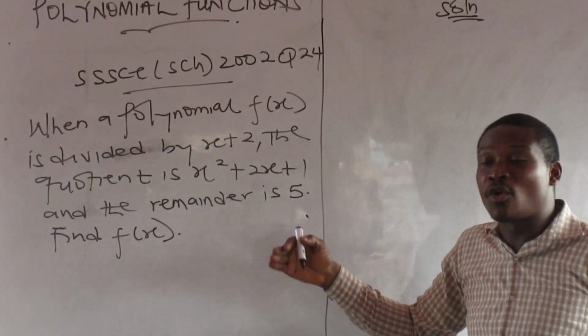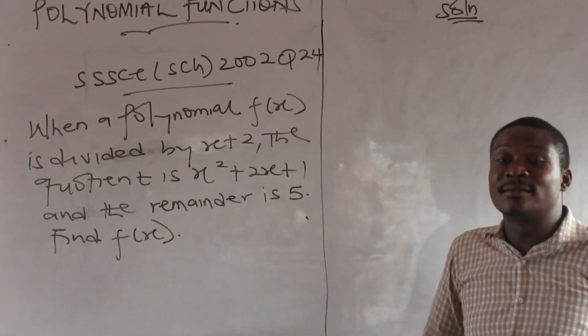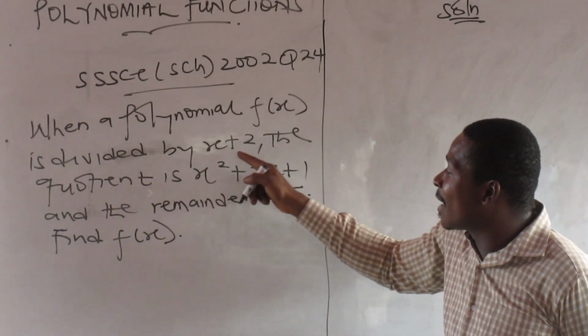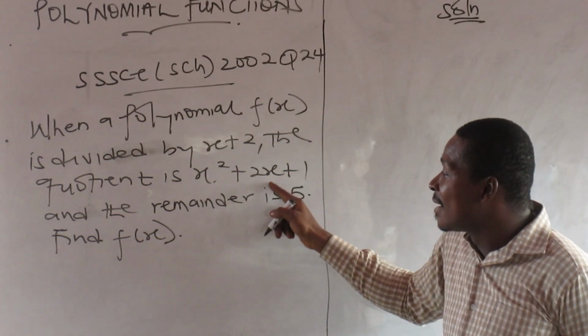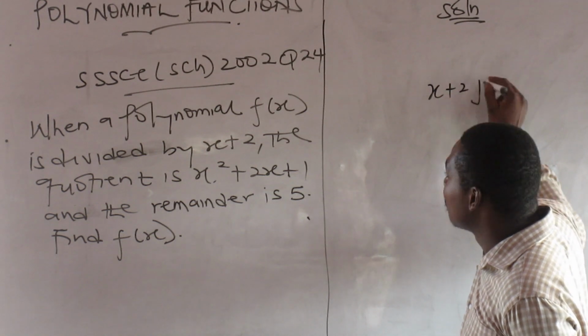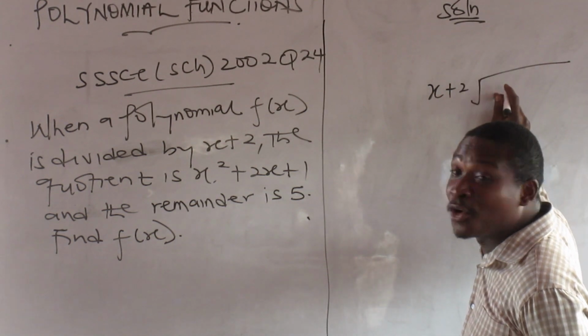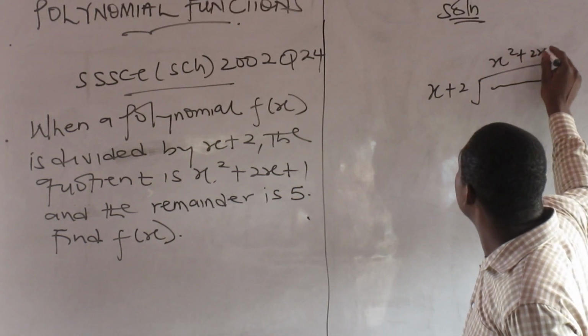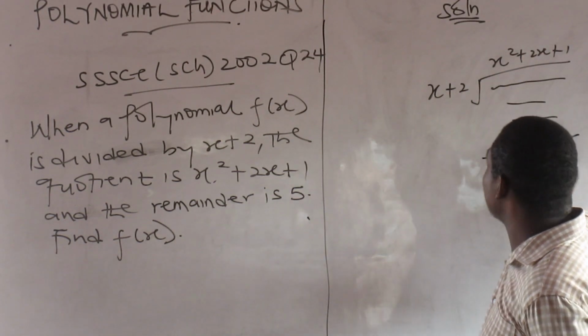So you can find this, right? Relationship between quotient, remainder, and divisor. So when the polynomial f of x is divided by this, the quotient is this, and the remainder is 5. Indirectly, when you do this, that's the so-called polynomial here that you don't know. This is the quotient you get, and there's a remainder that you get.